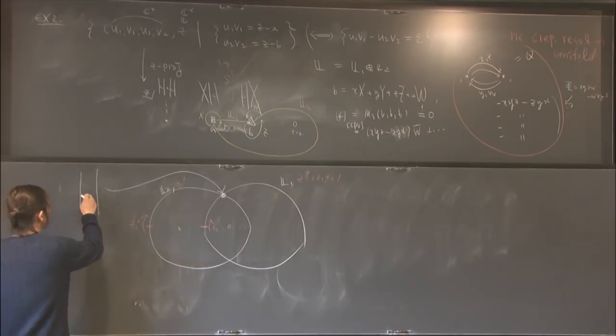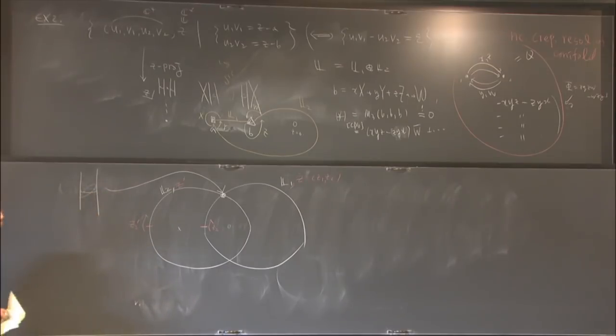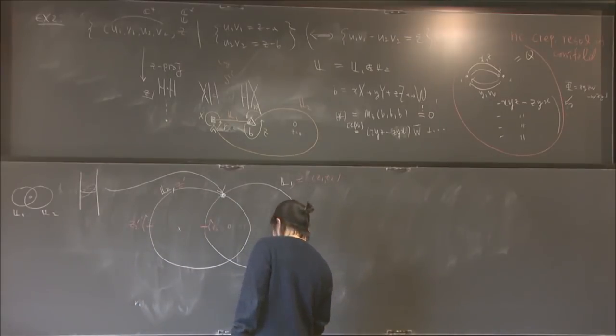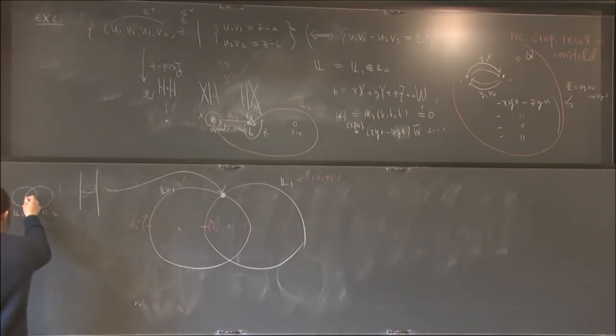But maybe I can just perturb one of them like this, and just keep the other one. So you see two different intersections. And if I zoom in here, then this is exactly the same picture. So one is the fiber of L1 over that point, and the fiber of L2 over the same point. And maybe I can just do the same thing here.